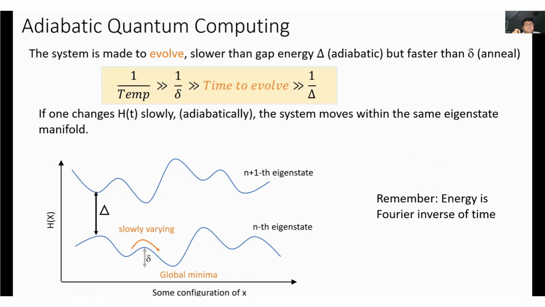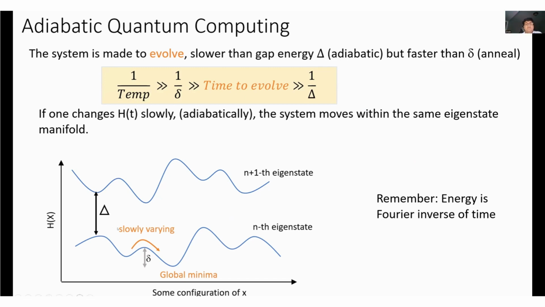If your Hamiltonian is sufficiently slowly varying, you would always be confined to that energy landscape and you will not jump across a barrier.